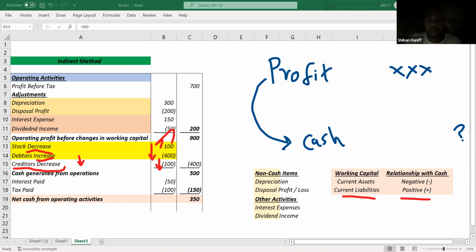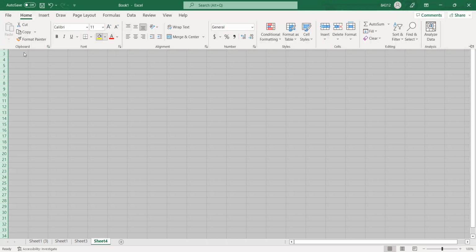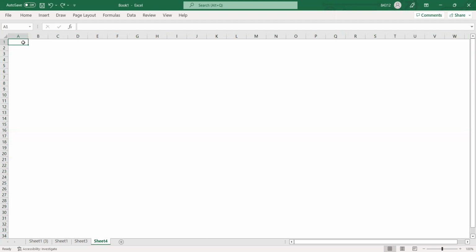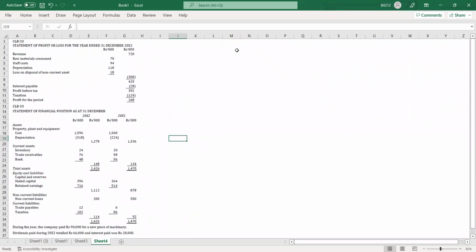So first, let me give the format. Right, let's do this question. CLB4. Statement of profit and loss is given.